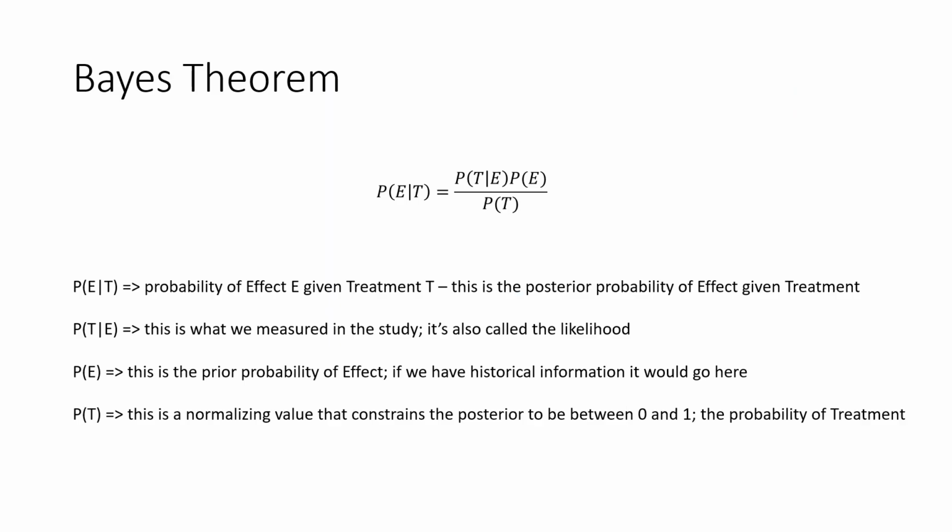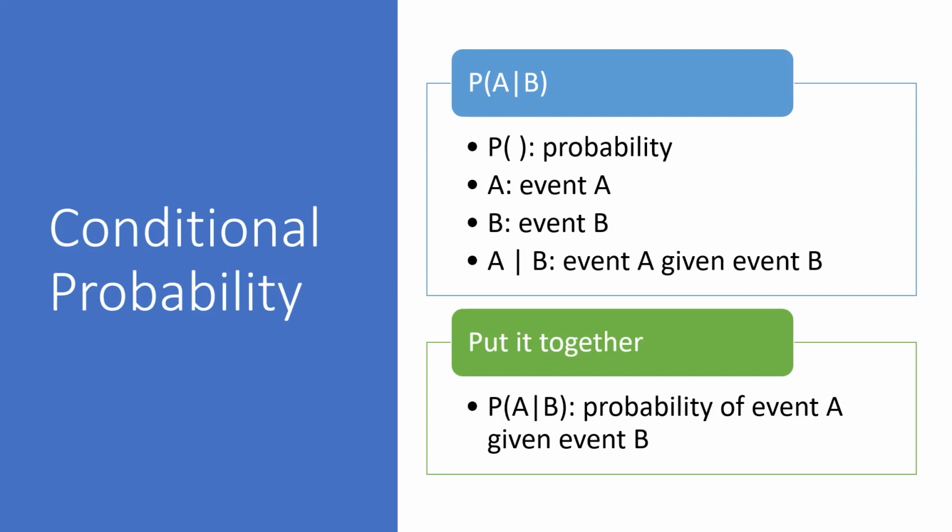So before we can dive into Bayes' theorem in great gory detail, let's deconstruct what this whole T given E or E given T is. These are what we call conditional probabilities. So it's the probability of the effect given some treatment, and that's a conditional probability.